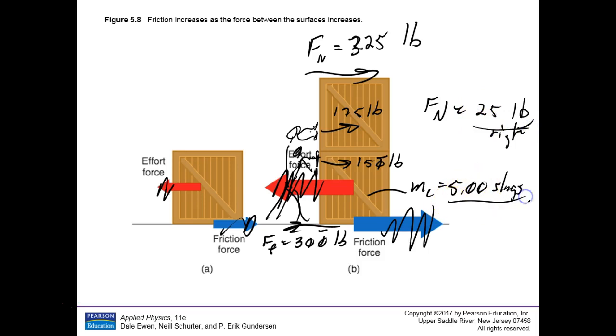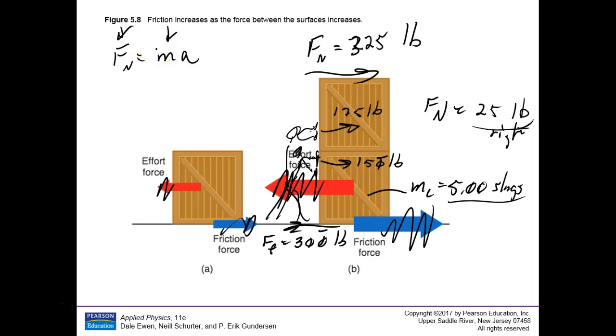This is the mass of the crate. So what would be the acceleration? Remember our basic formula there for net force? What was it? Newton's second law? Mass times acceleration. We know net force, we know mass, we're looking for acceleration. This is the one we're looking for.